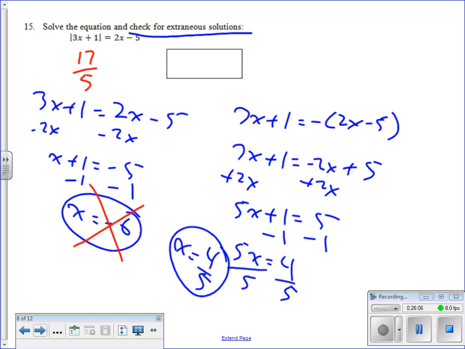I'm weird. 4/5 times 2 is 8/5, right? 8/5 minus 5 is, let's see, 5 times 5 is 25. 8 minus 25 is negative 17. Negative 17/5.